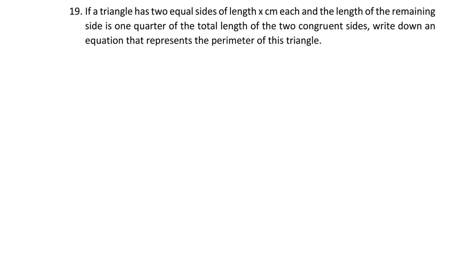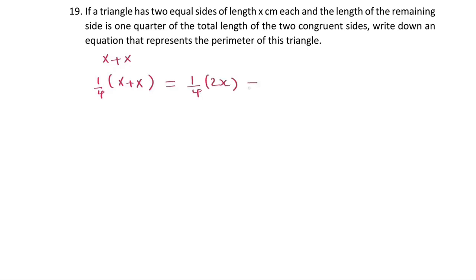The lengths of the two congruent sides are x plus x. To find a quarter of them, we take 1/4 (x plus x), which becomes 1/4 times 2x.